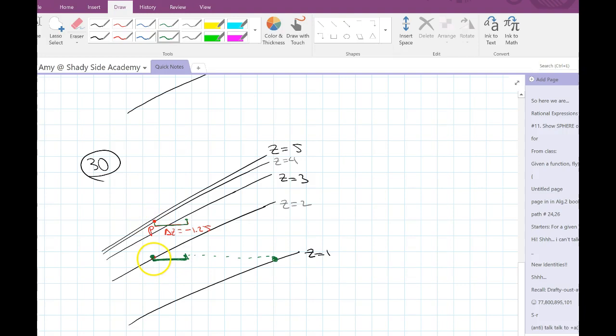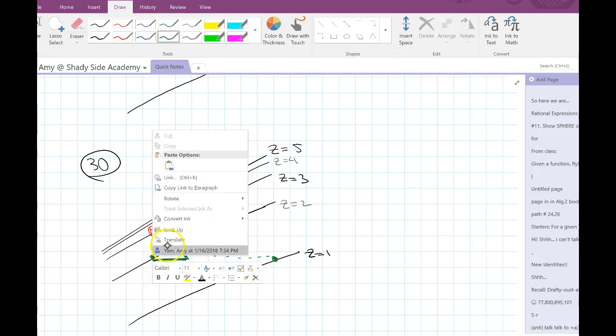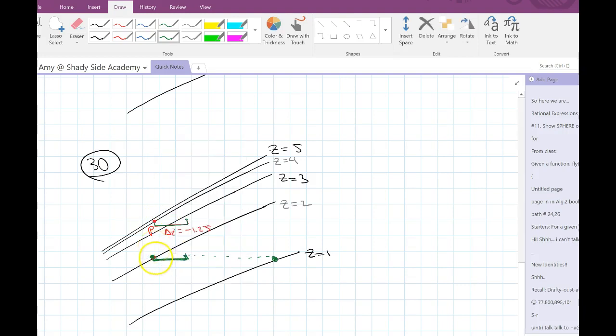And here the change in z is negative 1.25, and then here it looks like delta z is approximately negative 0.25.